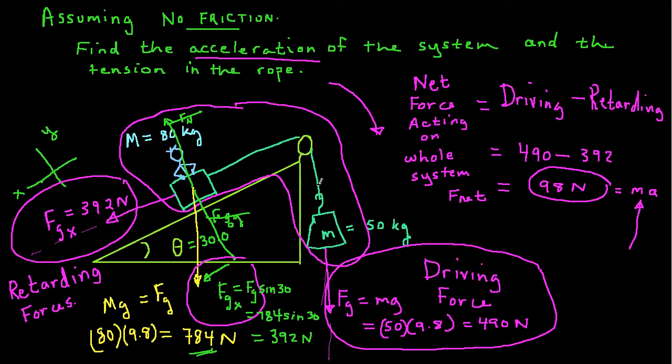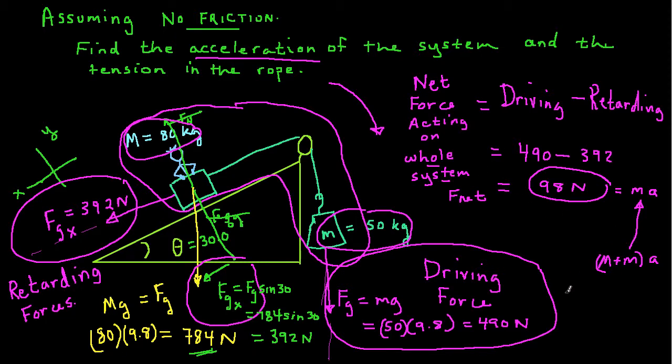So assuming that this rope is pretty much massless, we have this m plus that m. Okay, so it's going to be m plus m times a. So it's of the whole system.